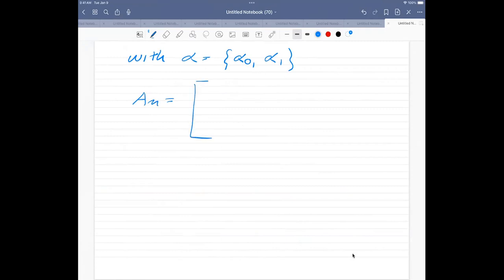So that would simply be d squared E over d alpha 0 squared. And this is evaluated at alpha equal to alpha n. I have a second derivative, and then I get the cross terms, d alpha 0 d alpha 1. And again, this is evaluated at these specific values.